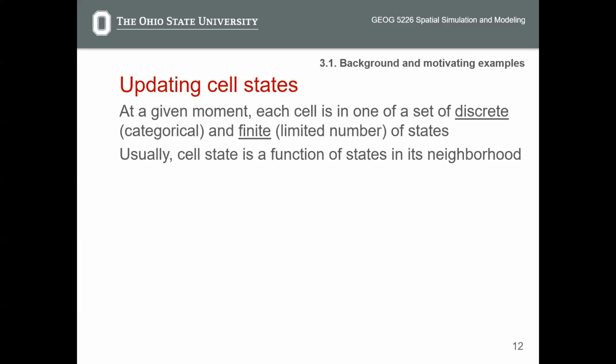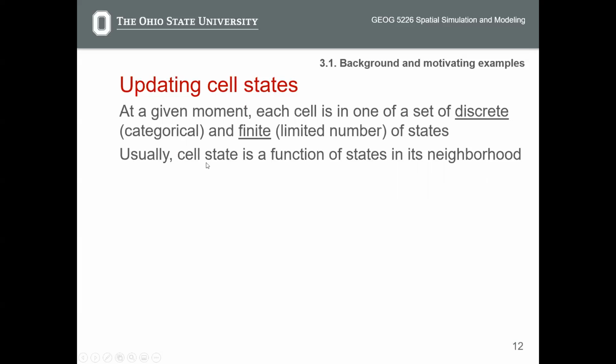Sorry, let me put it this way: there should be a limited number of states for each cell. It could be binary, which means 0 or 1, black or white, or red or blue. That's 2 states. There could be 3 states, 0, 1, 2, or 4 states, 0, 1, 2, 3. But there should be finite states.